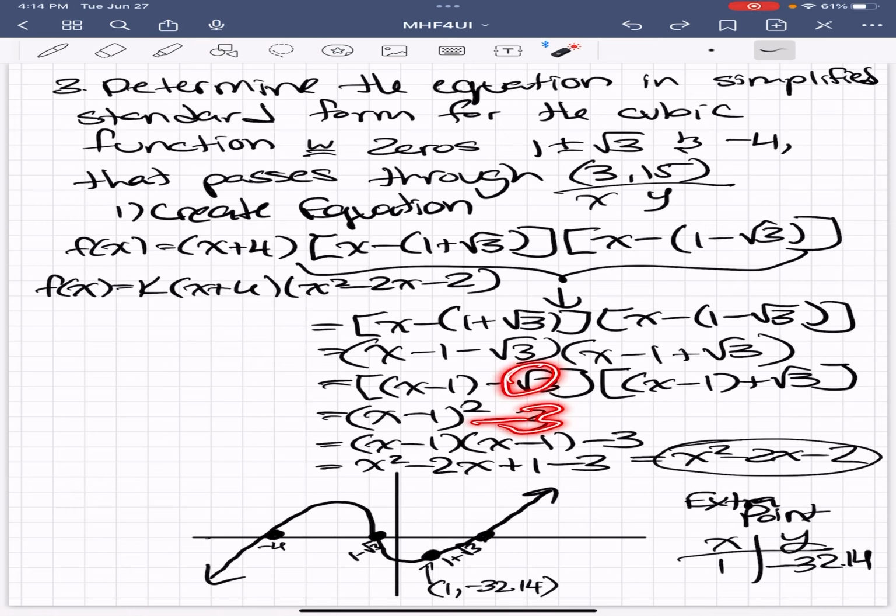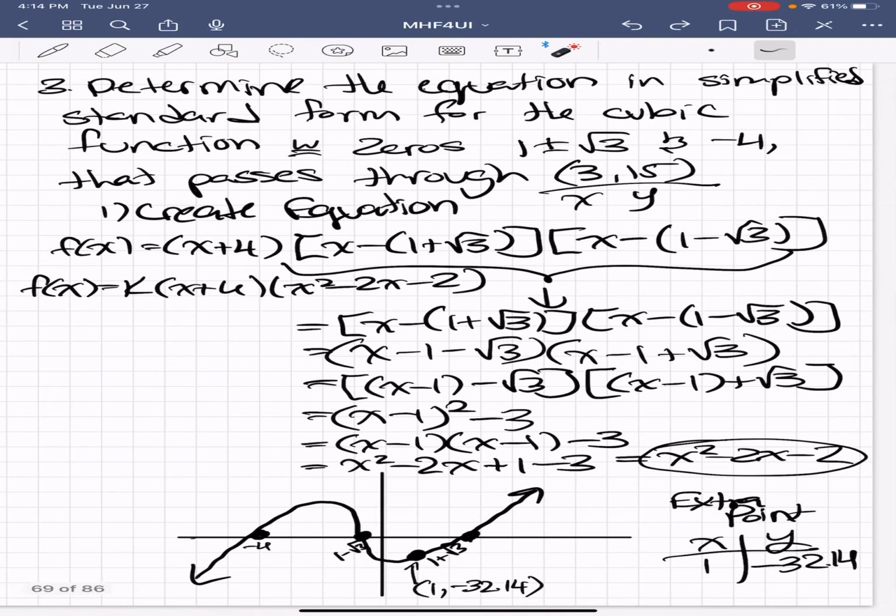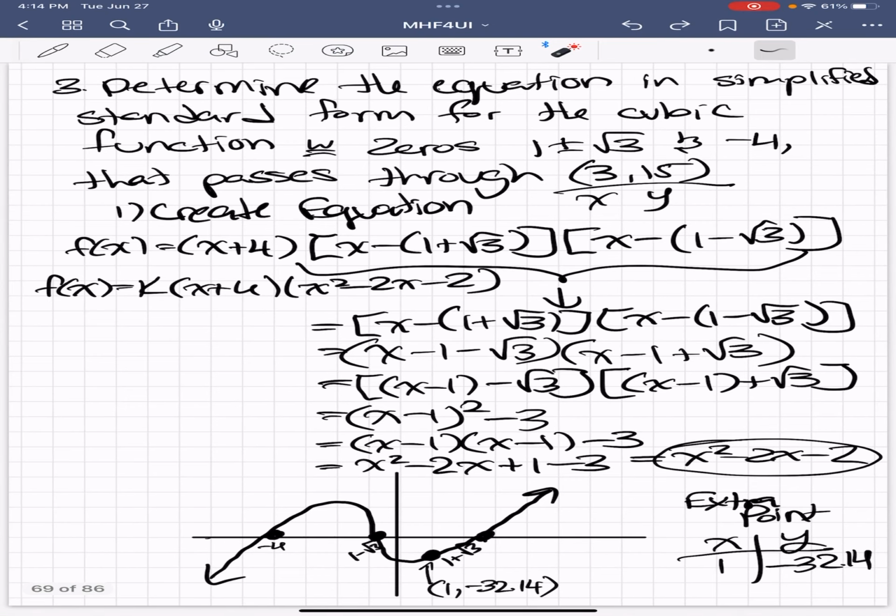So you get rid of this radical sign and it's minus just the number under the square root. And then you expand, and then you have it in simplified standard form, which is what the question asks for. These are very hard to work with, and we're going to do another example towards the end. Give you a moment to write everything down.